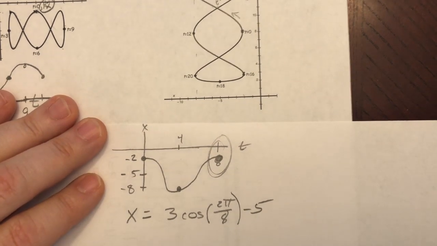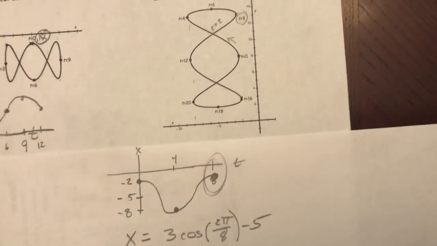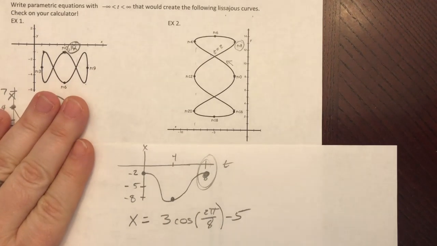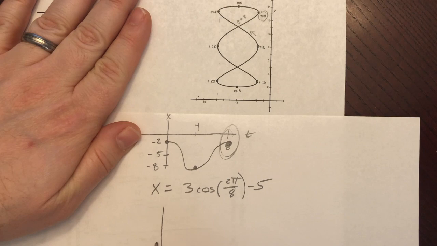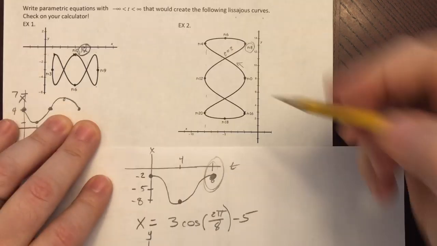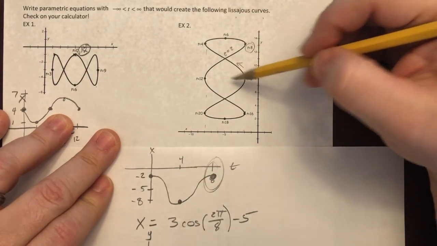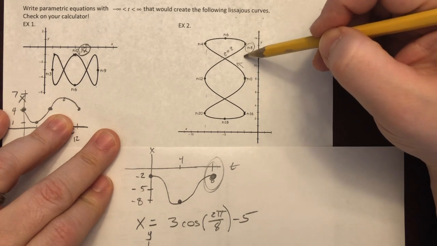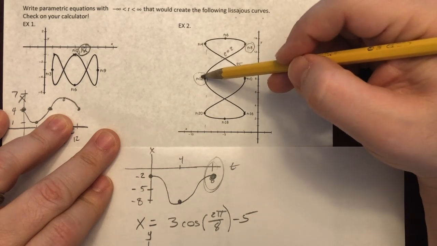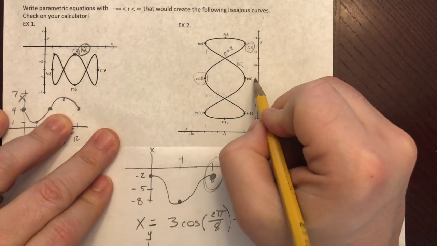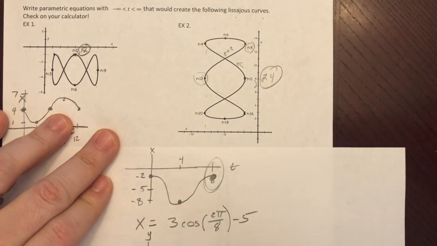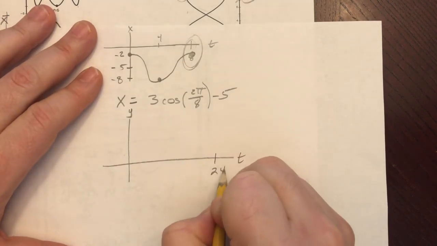For the y's, I need to zoom out a little bit. All the y's are positive, so I'll draw the axis low. Now t and y. Y starts at the middle of the y values, then goes up and back down, and by 12 it gets back to the midline, then goes down to the bottom, and then back up. So this would be at 24, and 24 is our period.